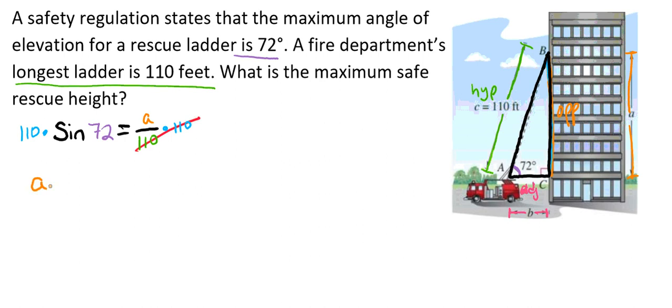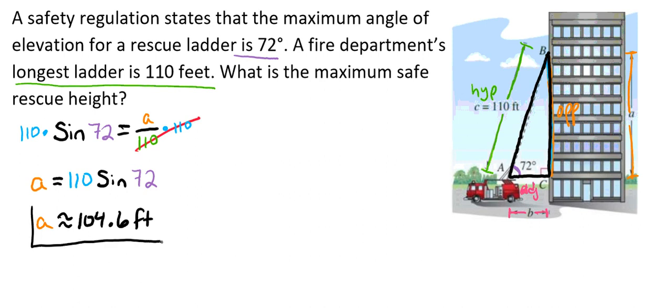And so we'll see that our maximum safe height is going to be 110 times the sine of 72 degrees. Plugging that into our calculator gives us approximately 104.6 feet, which would be our maximum safe height for rescue.